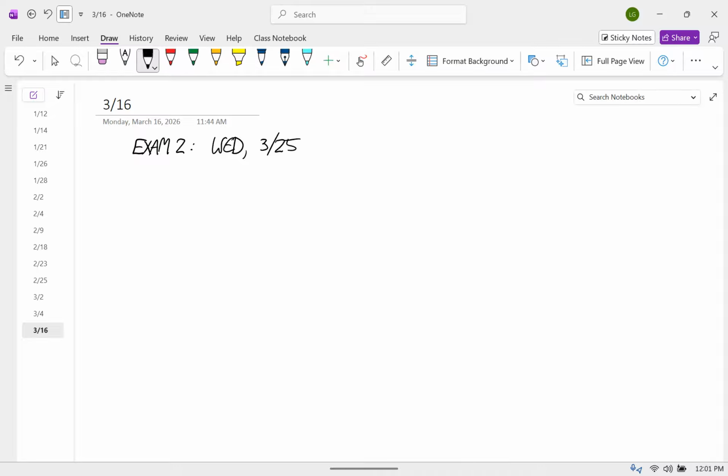And we have been working on internal loads. And we've been talking about it like this.